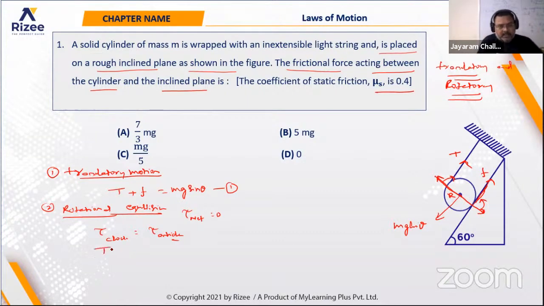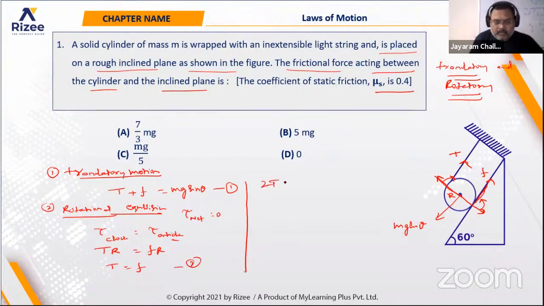That is T into R is equal to frictional force into R, so T is equal to F. On substituting in the first equation, 2T is equal to mg sine 60 degrees, so tension is equal to mg sine 60 by 2.